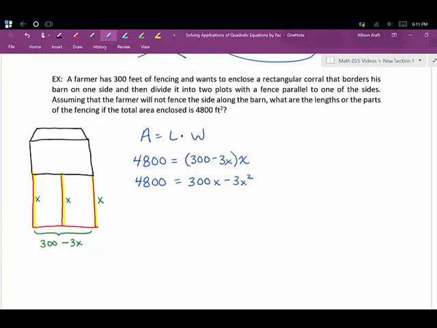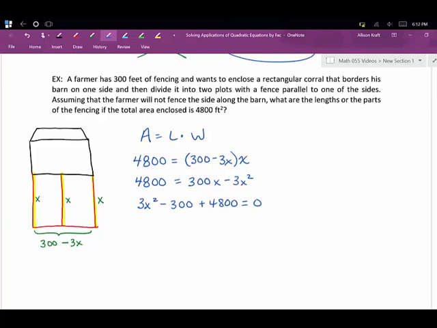In order to make my leading coefficient positive, I'm going to take the terms on the right and move them to the left side. I'm also going to write them in descending order. We end up with 3x squared minus 300x plus 4,800 equal to 0.